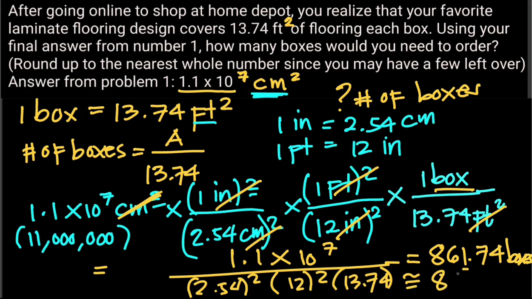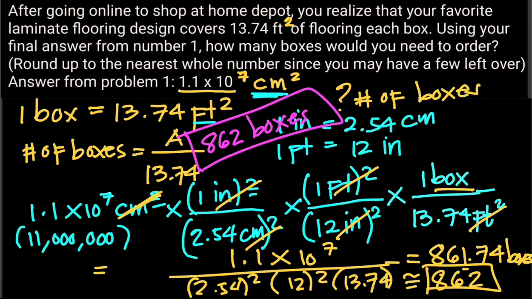So this one is 862. Therefore, you need to order 862 boxes to design your flooring, which is an area of 1.1 times 10 to the 7 square centimeters.